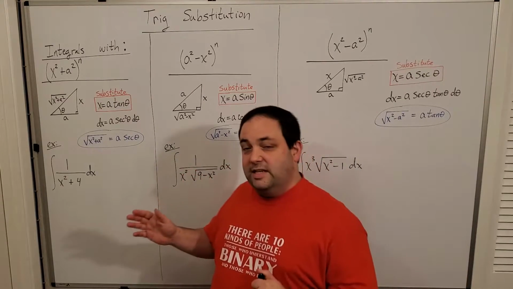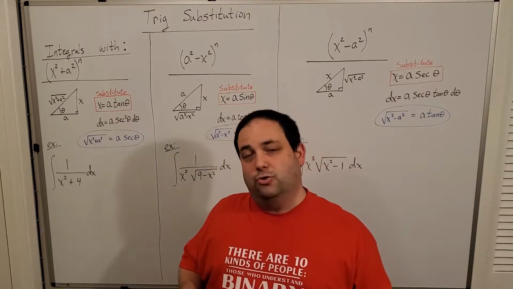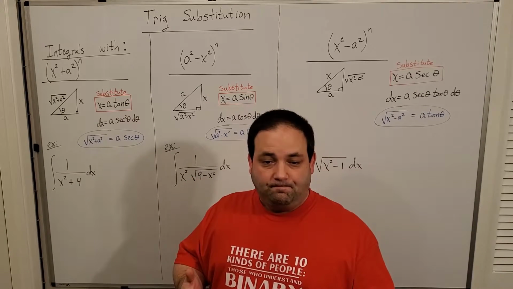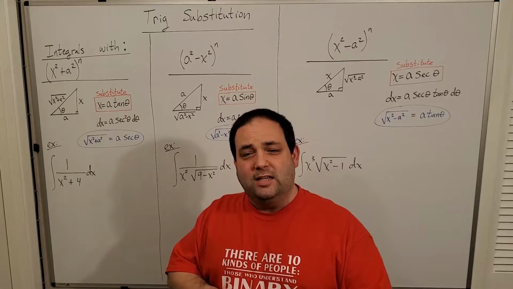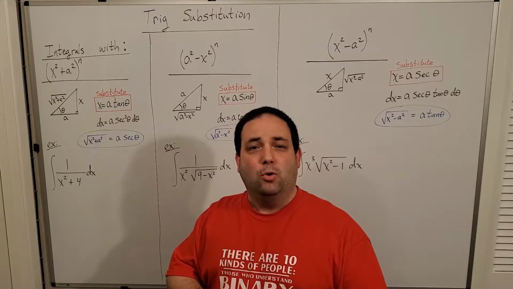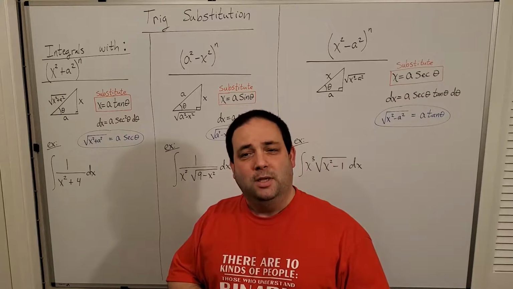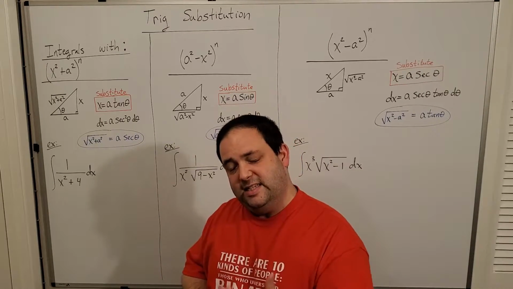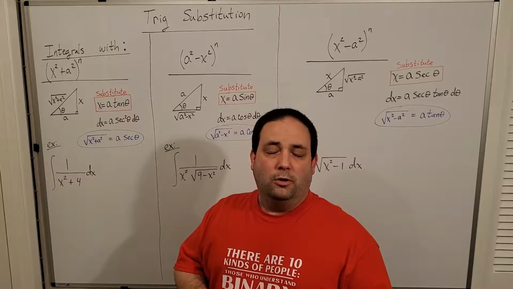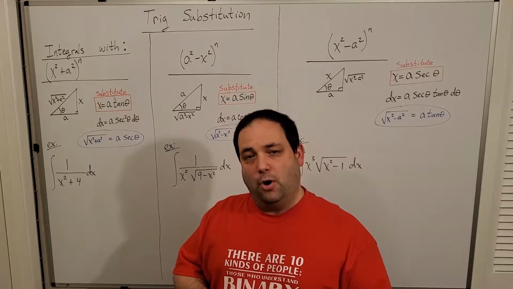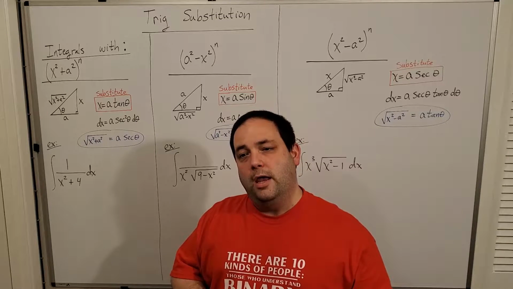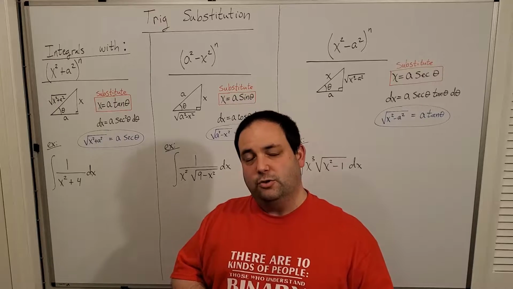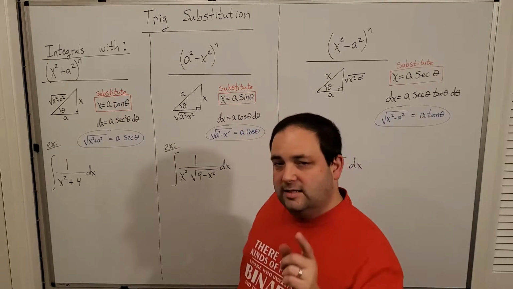A good many of these integrals can be done without trig substitution, but it requires a lot of algebraic finesse and probably a lot more brain and time crunching to make the structure look like it needs to so that you can see what to do. Trig substitution simplifies the process of showing you a pathway to quickly get to the solution of the integral. So enough chat, let's take a look.